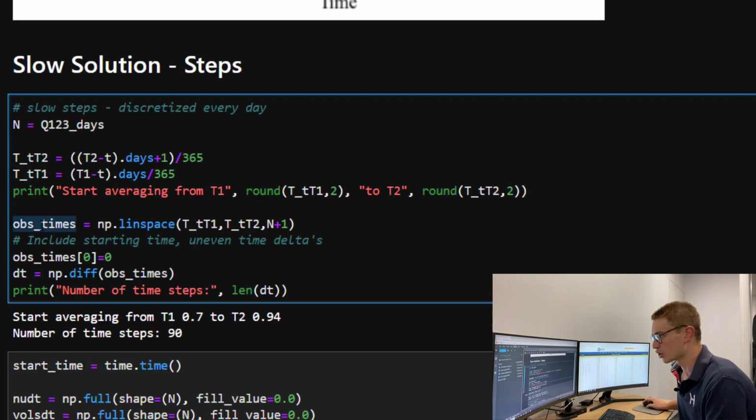So the observed times are going to be our 90 days between time 1 and time 2. So these are called our observed starting times. We're actually going to append 0 to the start of this so that we can get a difference array, so we can calculate the time between each one of our observation times.